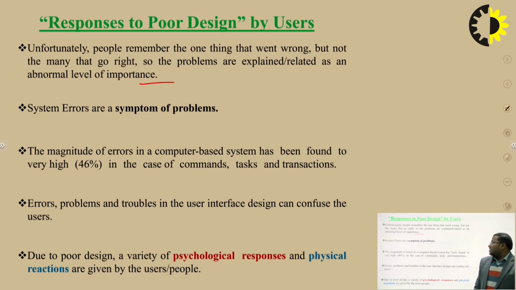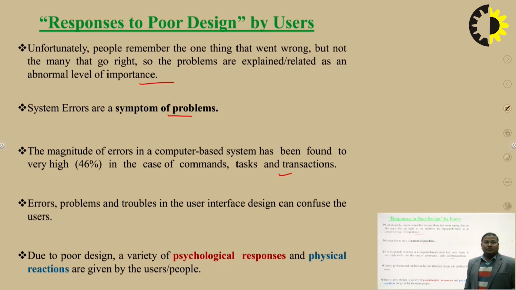System errors are a symptom of problems. If there are some errors in the system, then it is a symptom of a problem. The magnitude of errors in a computer-based system has been found to be very high in the case of command, task, and transactions. The percentage of error is 46%.